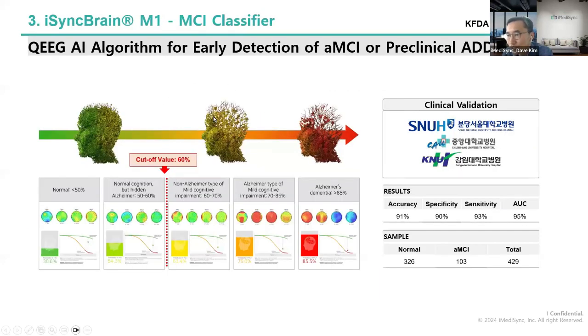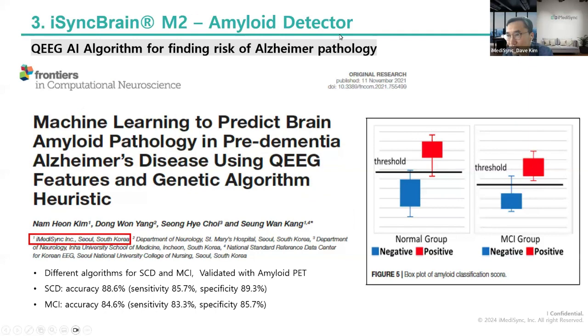This is the special core strength of our company. We can use the M1 MCI classifier after recording the EEG using iSyncBrain, and we are now actively developing amyloid detection. It is a little bit different from MCI. This is a pathophysiology detector.